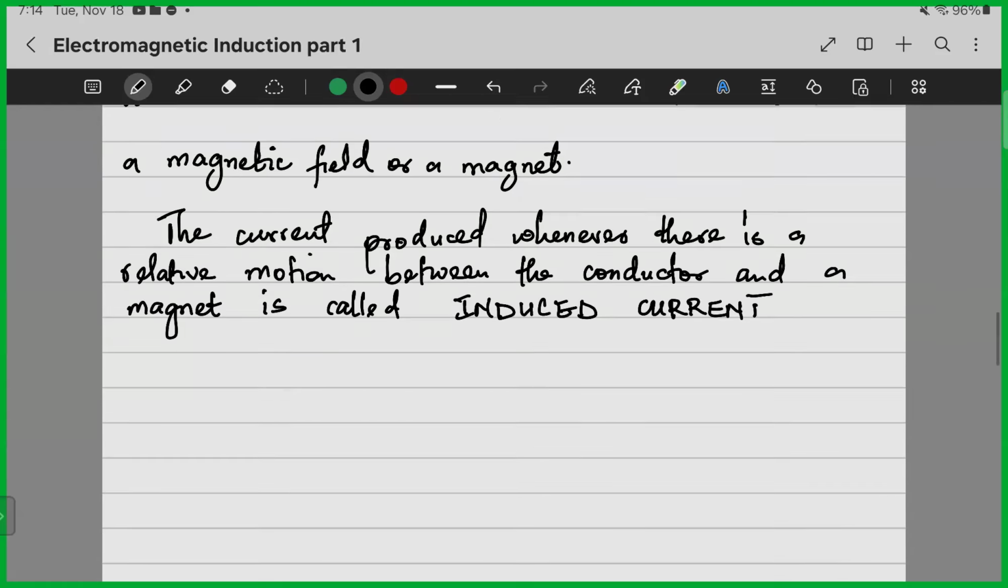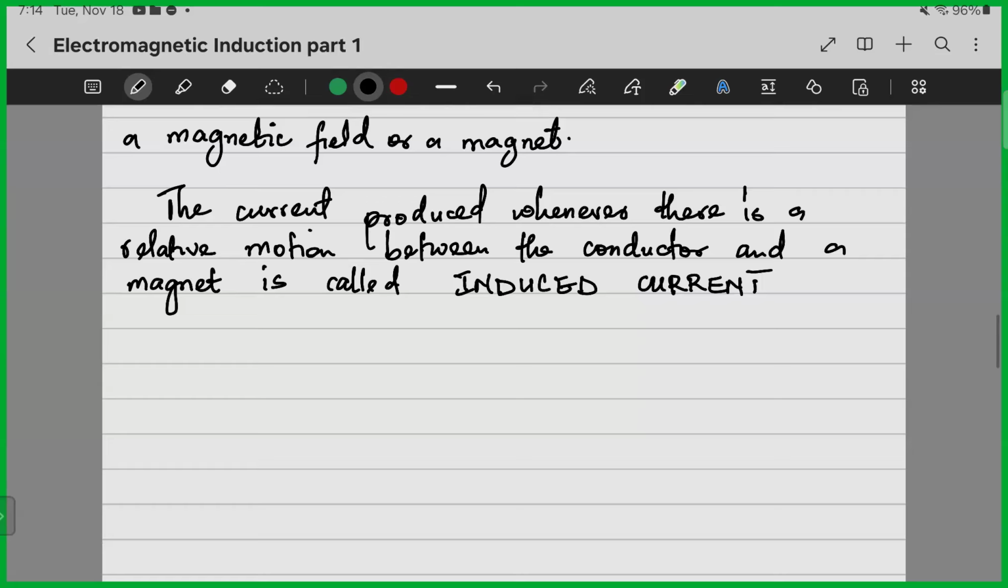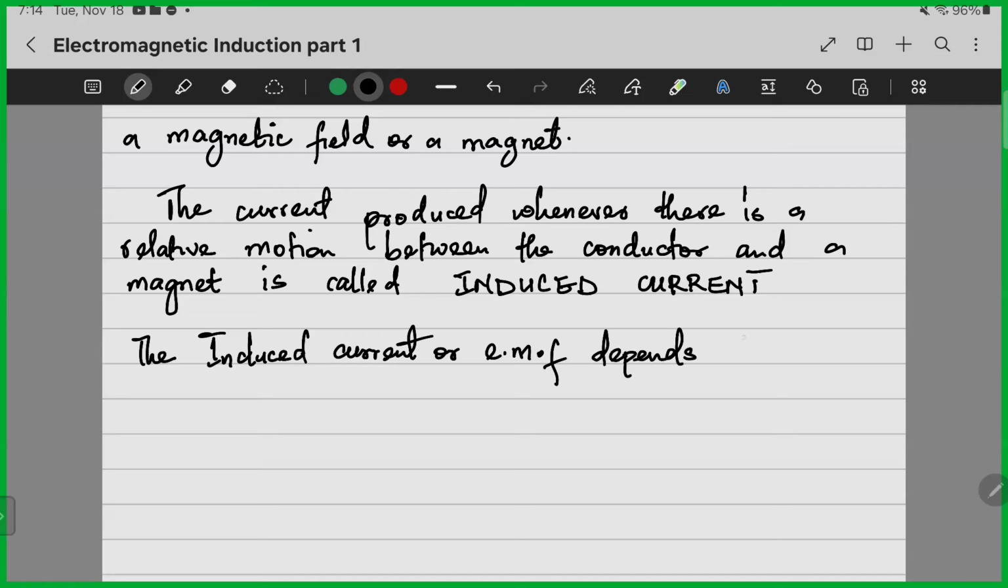So let's talk about a few points about the induced current, or EMF. Both the induced current and the induced EMF depend, for one, on the speed of motion of the magnet.